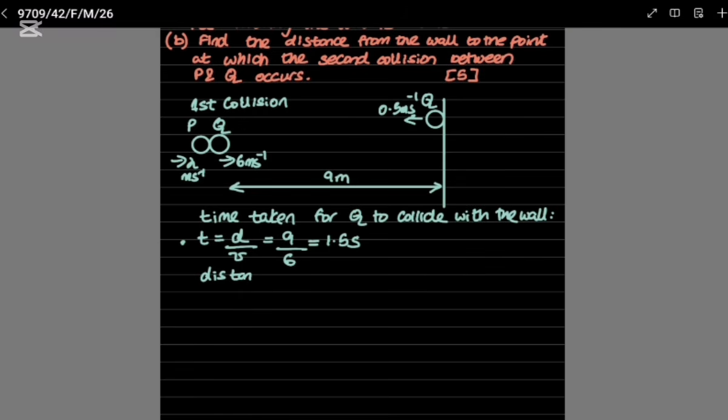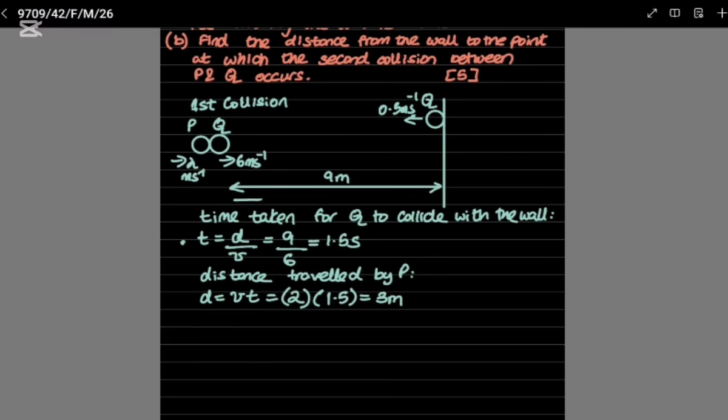Distance traveled by P, okay, is also gonna move. So D is Vt, okay. So its velocity is 2 and the time is 1.5, okay. So that's going to be 3 meters, okay.